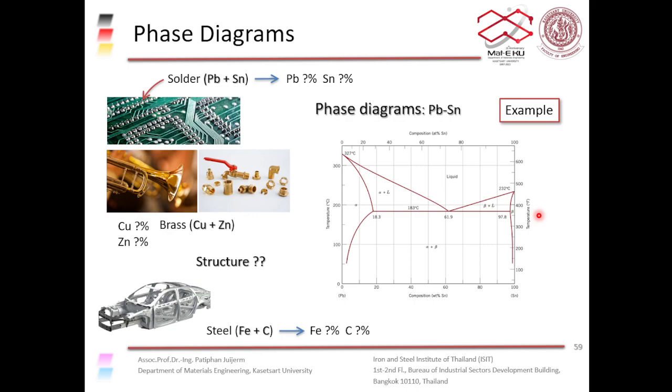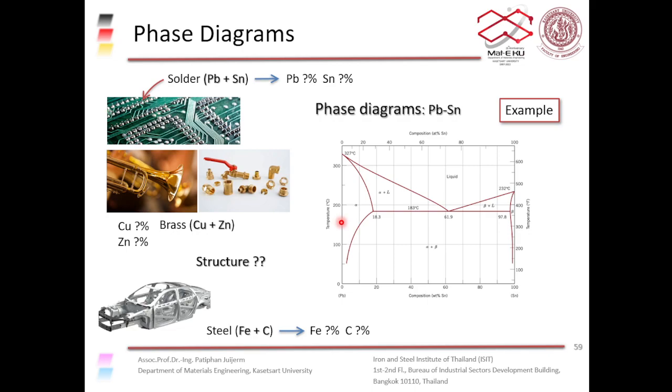Because the alpha phase is mostly lead and a little bit of tin, and the beta phase is mostly tin with a little bit of lead, the structure is not exactly the same, right? The chemical composition is vastly different between the alpha phase and beta phase.